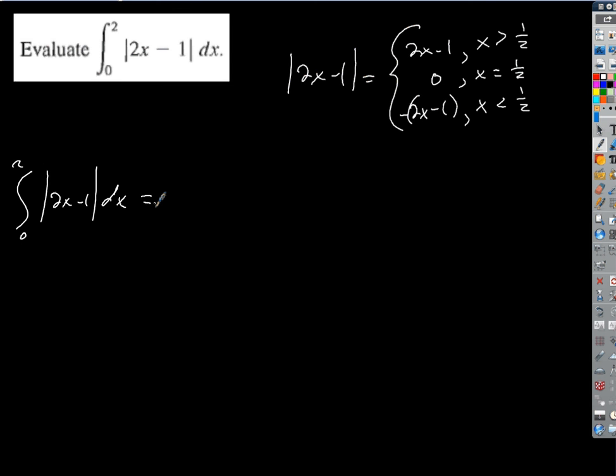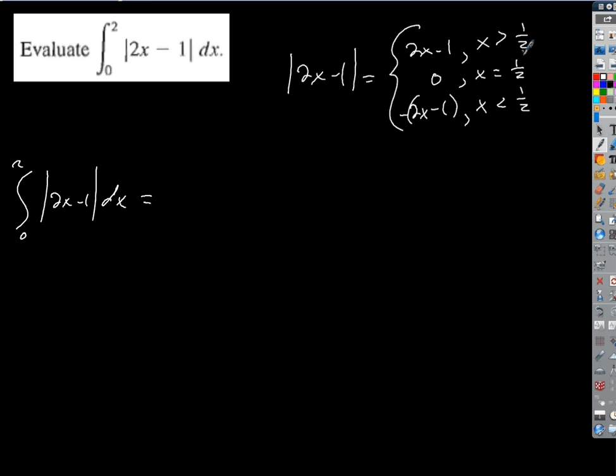So the area from 0 to 2, I'd have to break it up into pieces, wouldn't I? We're going to use both of those, aren't we? Because look, our integral goes from 0 to 2. Well, this top function only starts to survive when x is greater than 1/2. It's at 1/2 that it makes that transition, right?